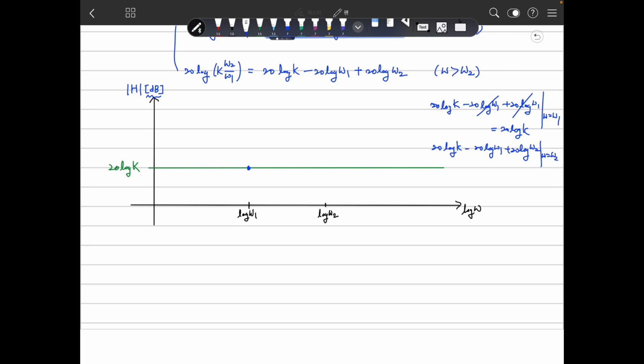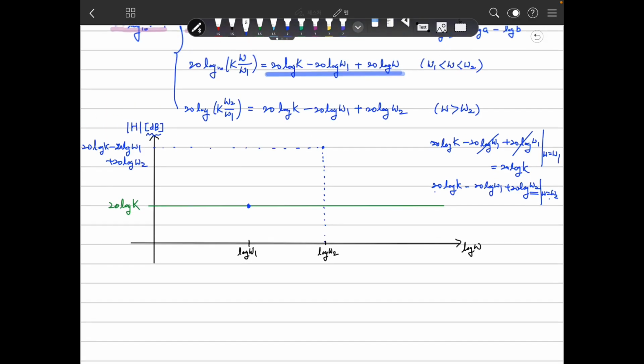Because omega 2 is larger than omega 1 in this system, this value will be larger than the previous one.